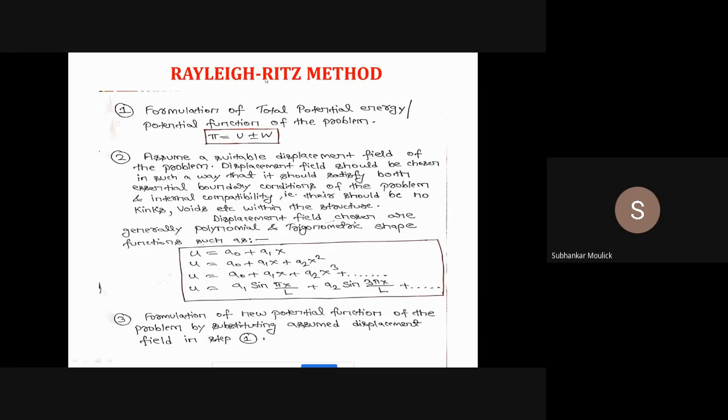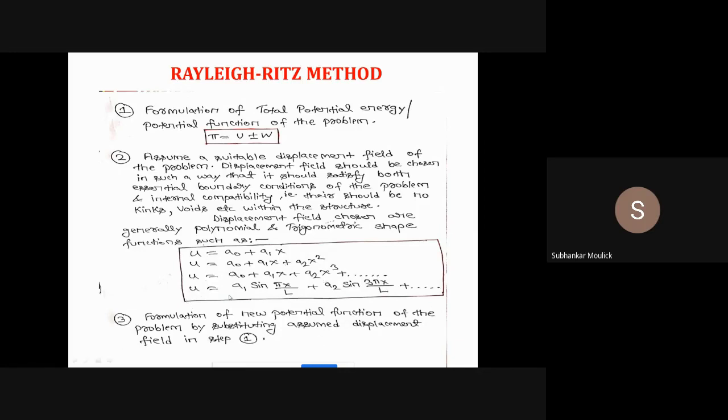This displacement function should satisfy, firstly, the essential boundary conditions of the problem, and secondly, the domain over which you are applying these displacement fields should not contain any kind of crack, voids, or kinks.